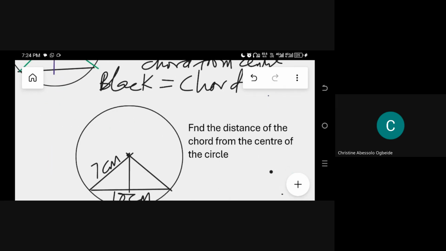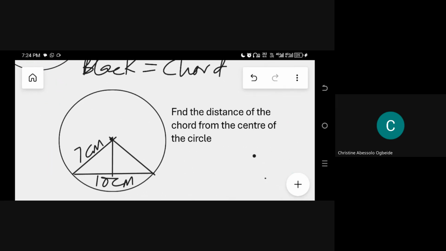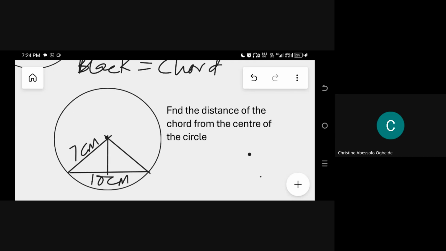Now look at what we have here. We have the radius at 7 centimeters. We have the length of the chord. See, the chord is that horizontal line at the bottom that touches the circumference at two points. We've talked about this long before now. Now, the question says find the distance of the chord from the center of the circle. The chord is a horizontal line.